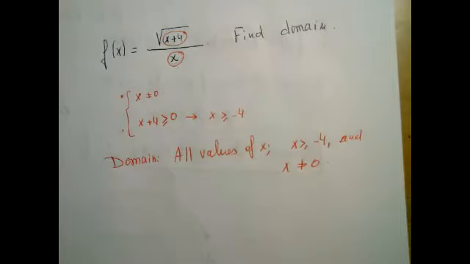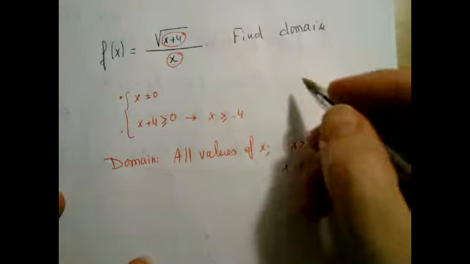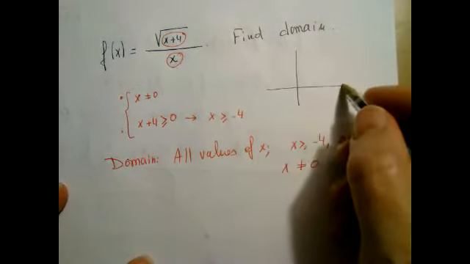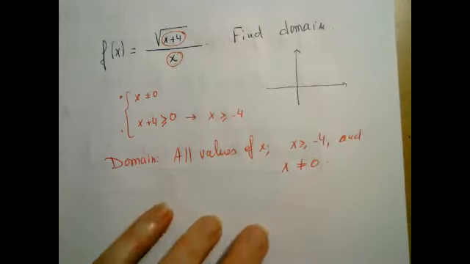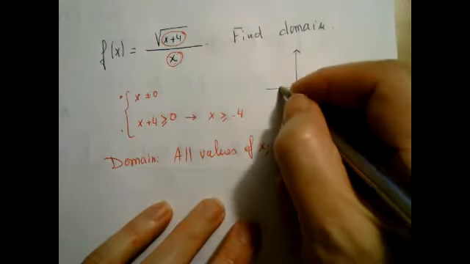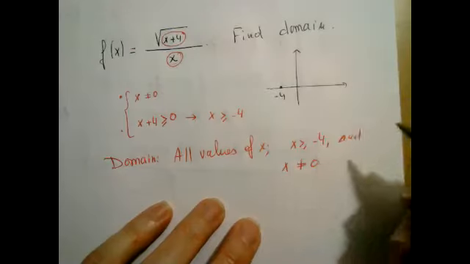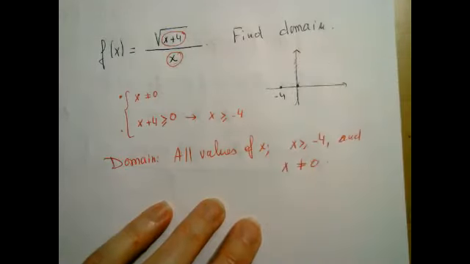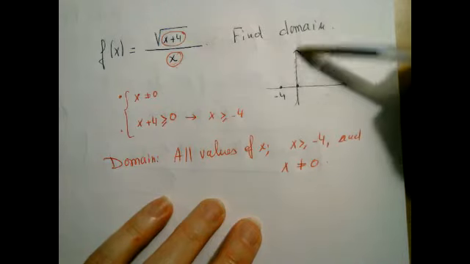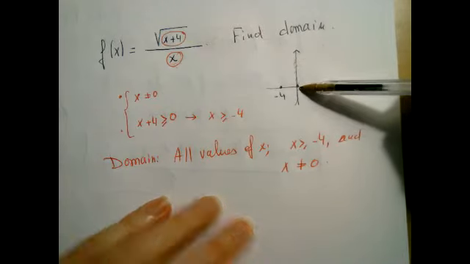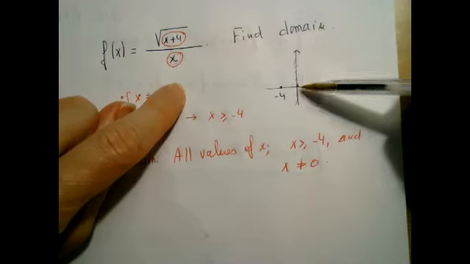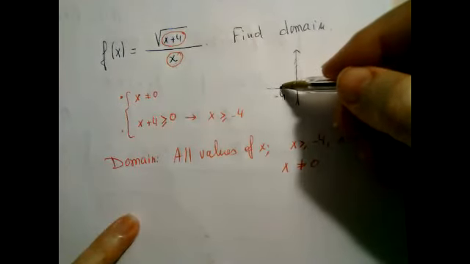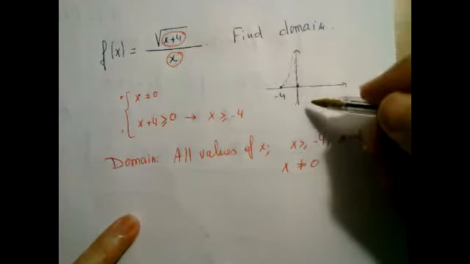So the graph will actually be kind of a problematic graph that eventually one day you will learn how to draw. First, x should be at least minus 4, and at x equal to 0, there is no output. So the graph is going to avoid touching this line because for 0, there is no output. So the graph is going to look kind of interesting, something like that.